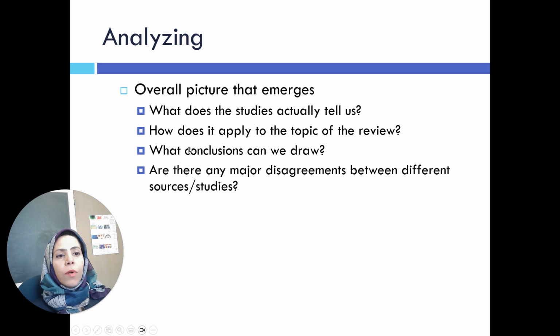And of course it also entails कि different studies अगर different aspect के ऊपर हुई हैं, तो overall to that particular aspect, what conclusions can you draw as a researcher from all of those studies.